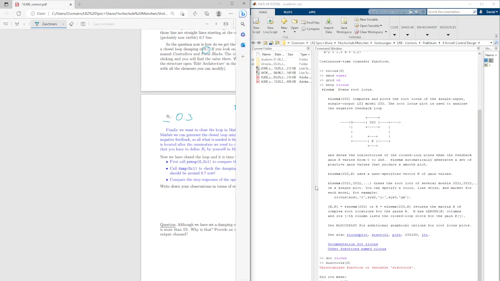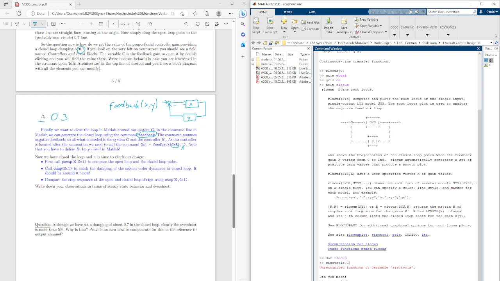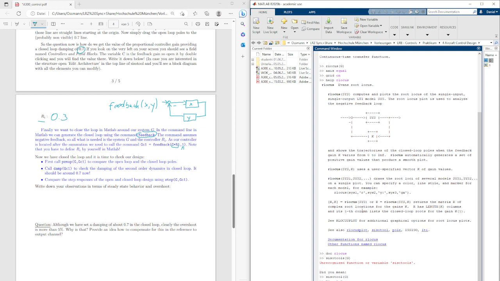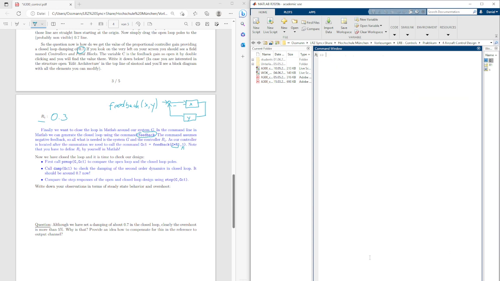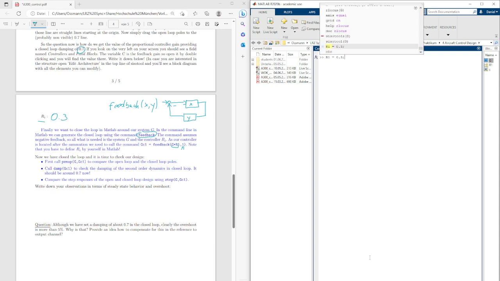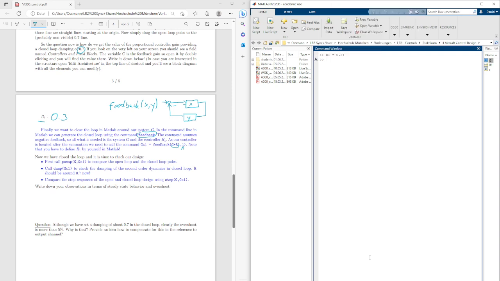Okay, so I'm going to hop over to Matlab again. We're going to define our first controller with a value of 0.3, and then we're going to say our closed loop system. Actually, I figure it's hard to see. Let's do it this way. So we say R1 equals our controller, and then we say our closed loop is nothing but the feedback command.